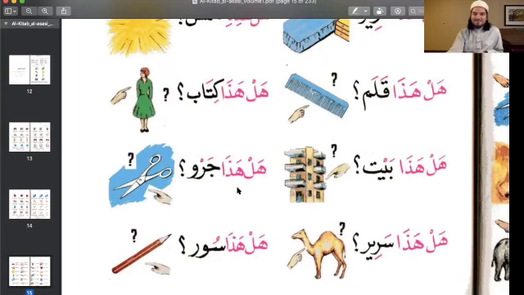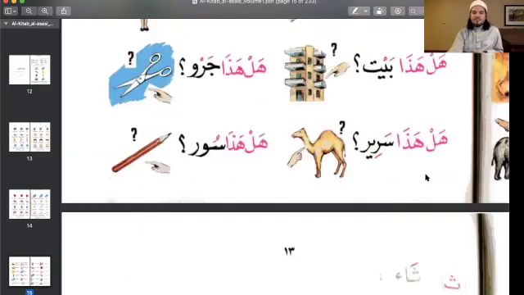Okay. هل هذا جرو؟ لا هذا مقاس. تمام. تيفا. هل هذا سرير؟ لا هذا جمل.